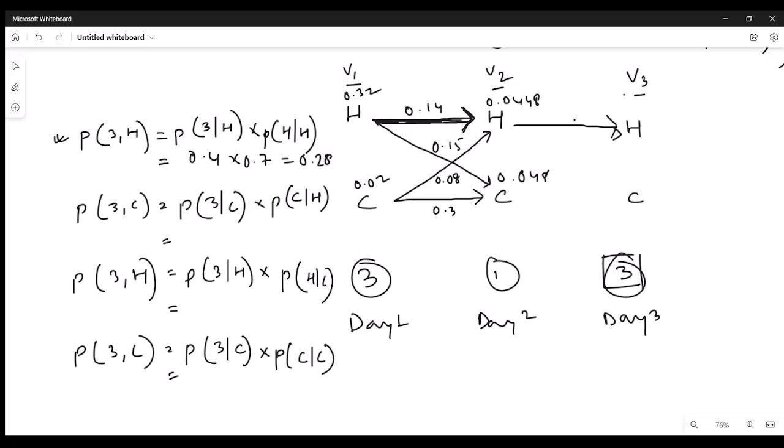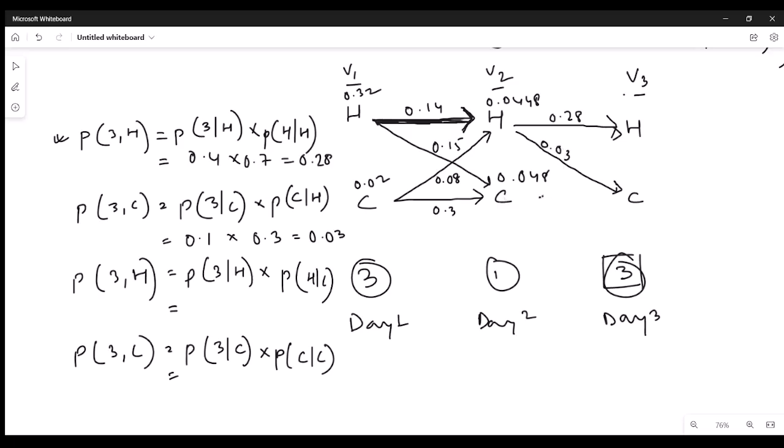Similarly, we calculate the probability transitions from hot to cold. Now the ice cream has been consumed as 3 given the weather is cold, and the probability of weather being cold given the previous day was hot. Thus from the emission matrix and transition matrix, we write the values as 0.1 into 0.3, giving 0.03.